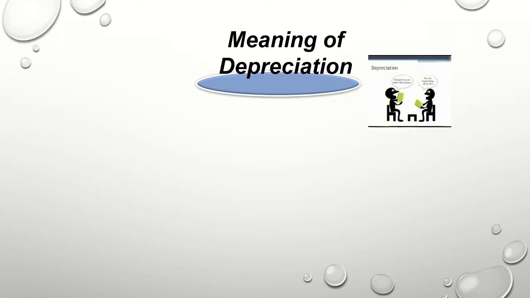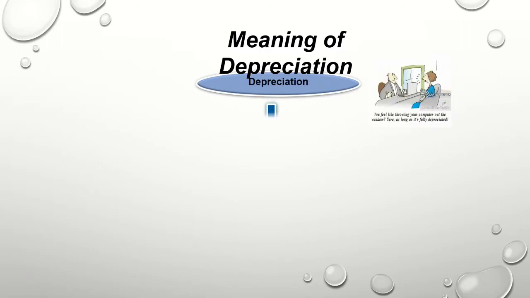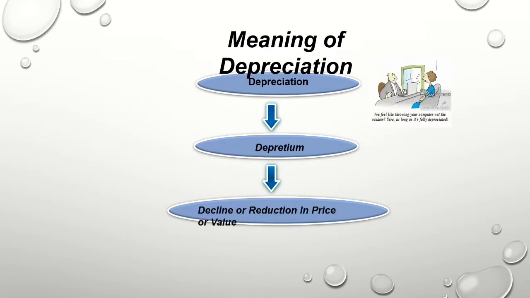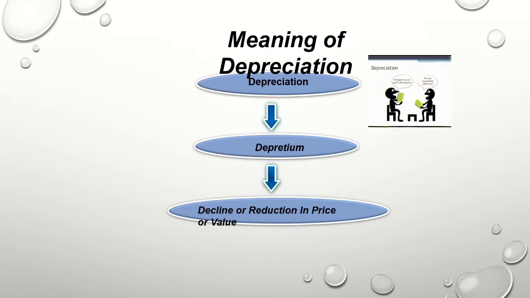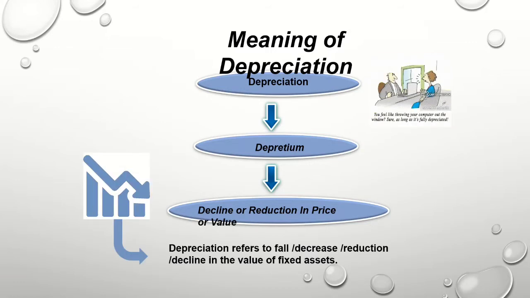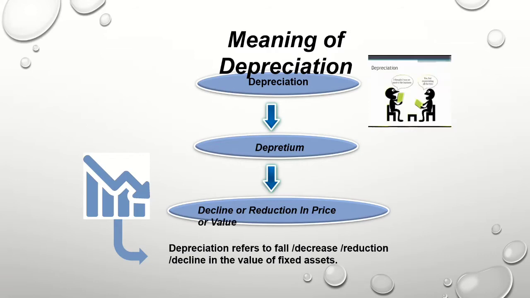Depreciation is derived from a Latin word depretium, which means decline or reduction in the price or value. Therefore, depreciation refers to fall or decrease or reduction or decline in the value of fixed assets. Depreciation is the process of deducting the total cost of something expensive you bought for your business.